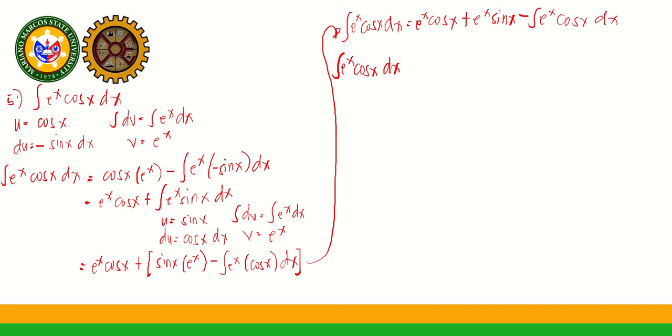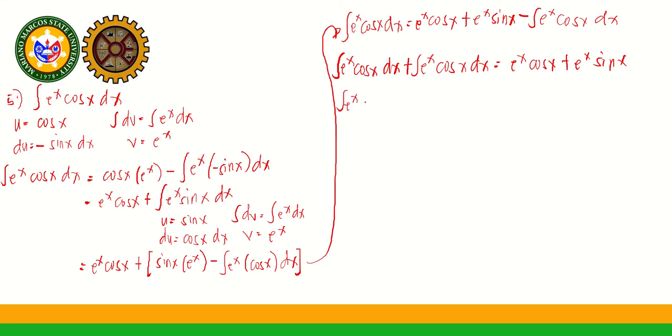Tapos, i-transpose natin to since same sila. Same sila, di ba? So, i-transpose natin yan, magiging positive, integral of e raised to x cosine x dx is equal to e raised to x cosine x plus e raised to x sine x. Okay? So, since common to, pwede natin silang i-isolate.